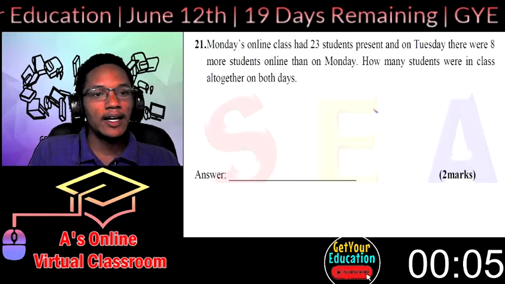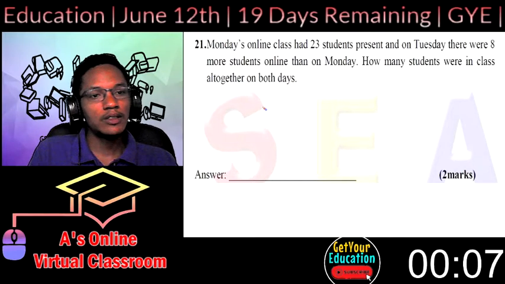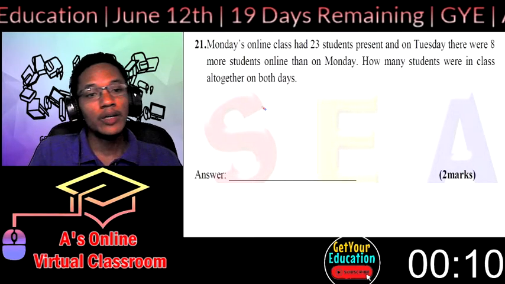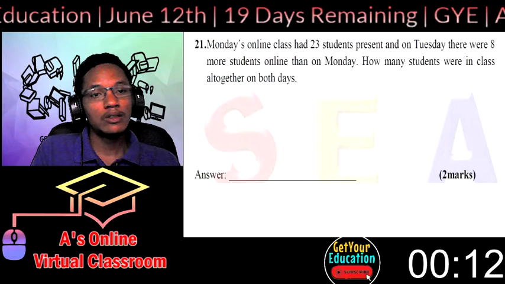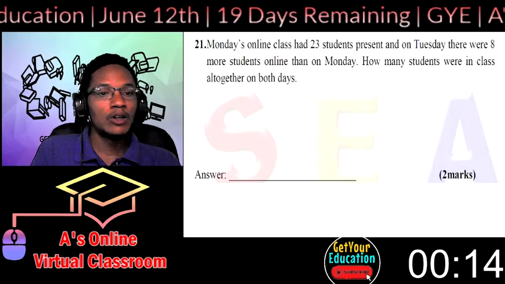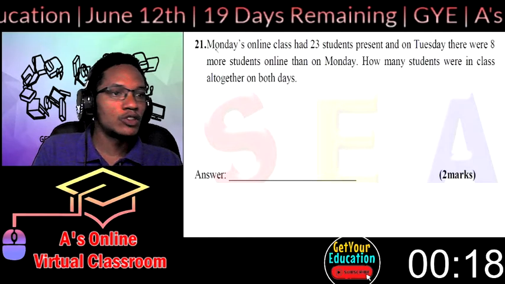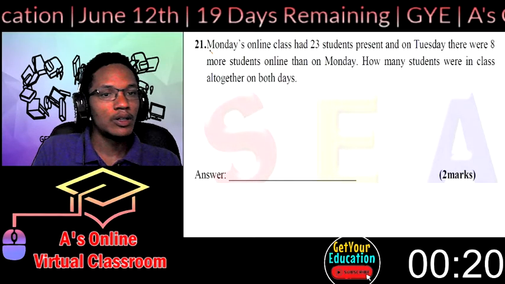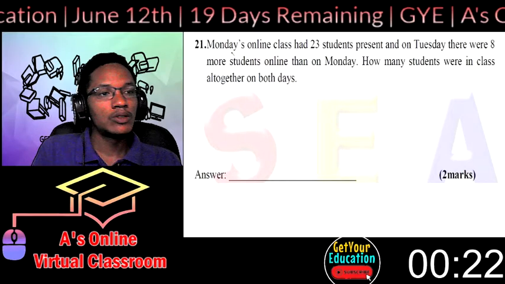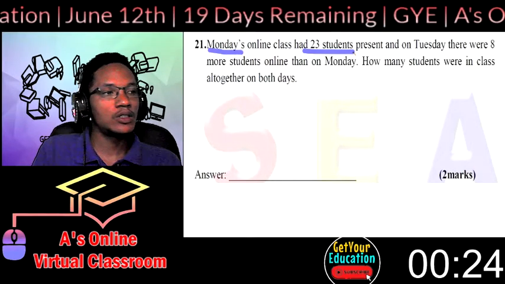Monday's online class had 23 students present, and on Tuesday there were 8 more students online than on Monday. How many students were in class altogether on both days? So on Monday we had 23 students.